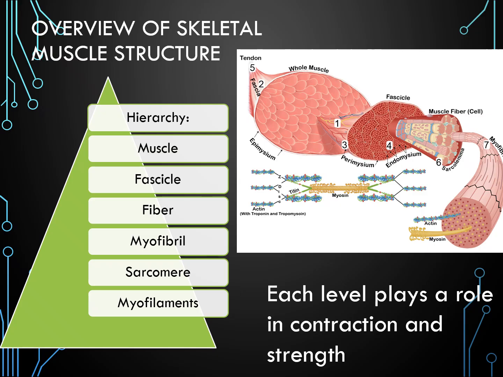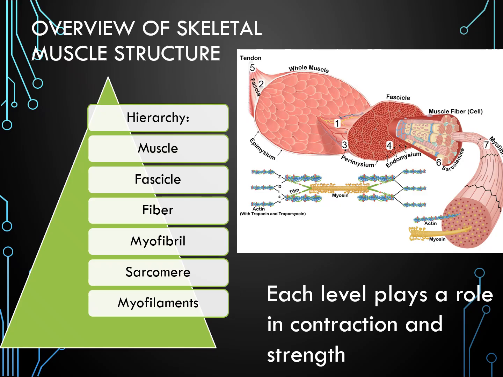These myofibrils are made up of repeated units called sarcomeres, which are the functional units of contraction. Within each sarcomere are myofilaments, such as actin, which is the thin protein, and myosin, which is the thick protein, that slide past each other to create movement.